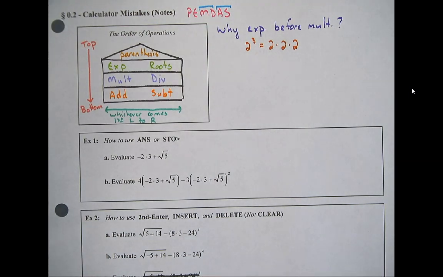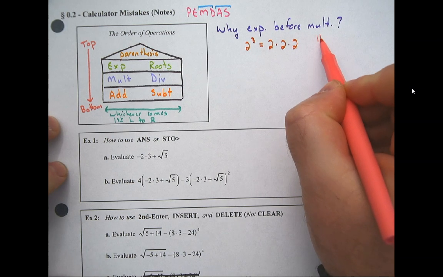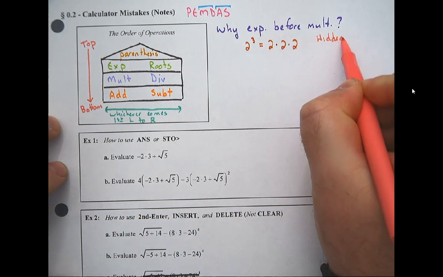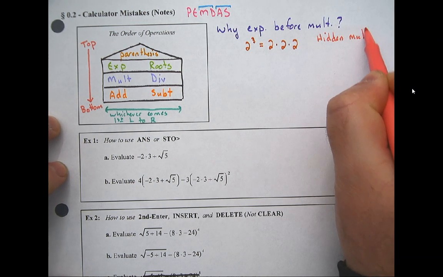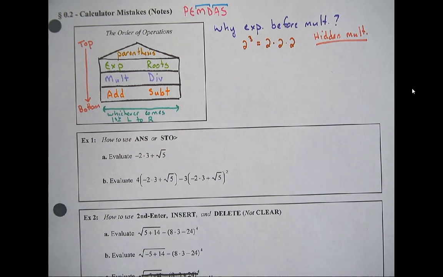It just became multiplication. So exponents are really hidden multiplication. That's why you have to do exponents before multiplication, because exponents are hidden multiplication.